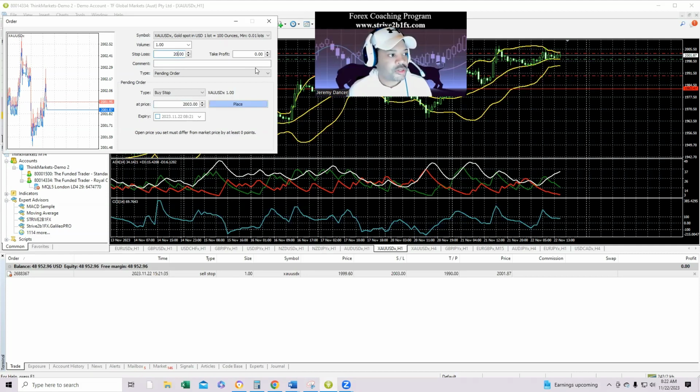All right, let's use 1999 just to be a little safe. So we are risking about 40 pips, give or take. And then with this one, we'll put 2010.